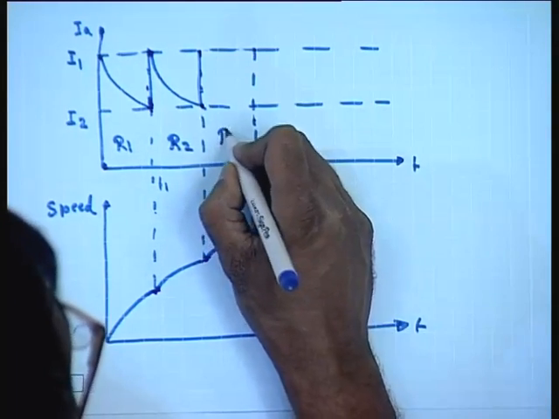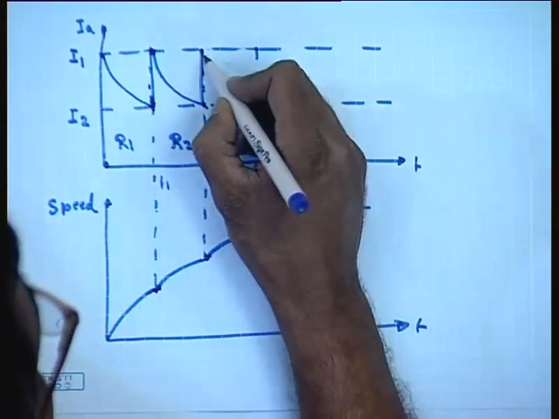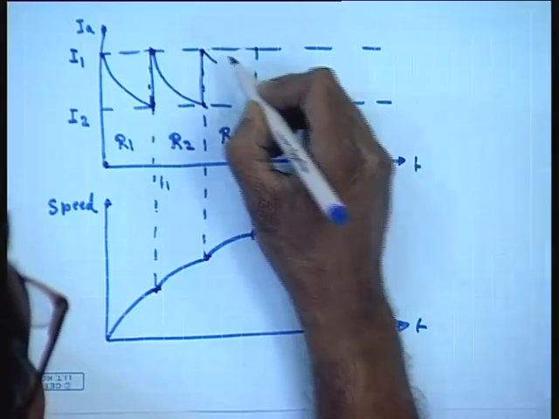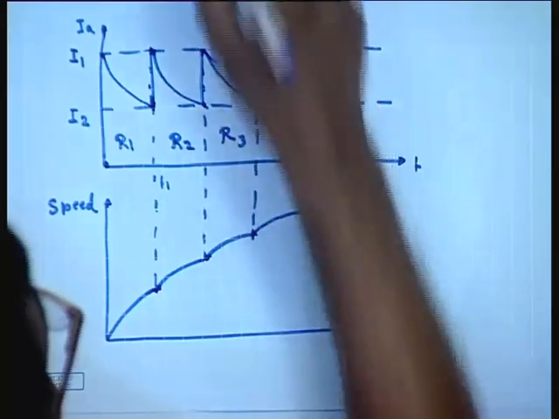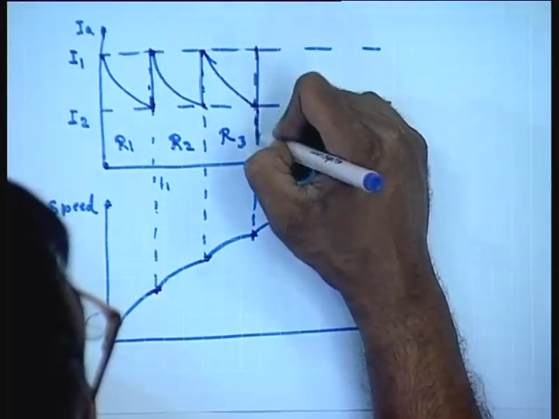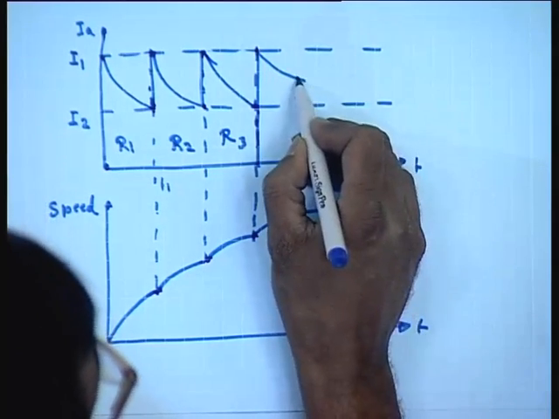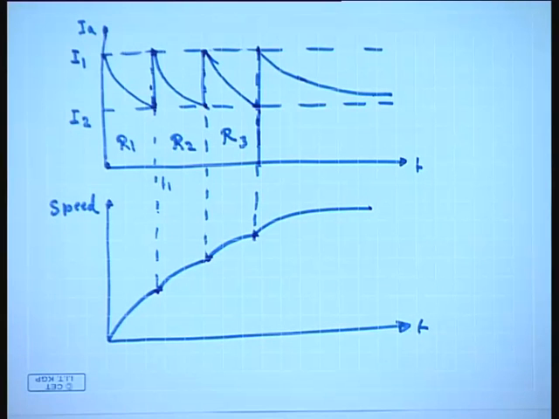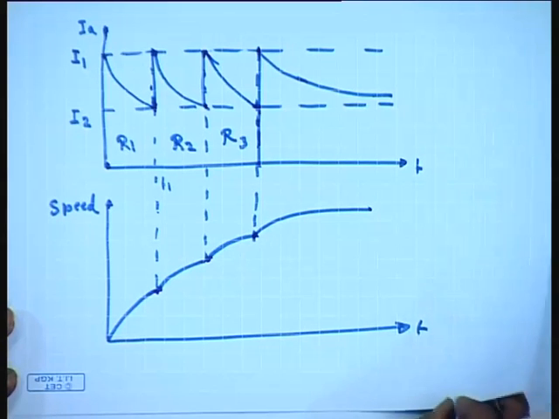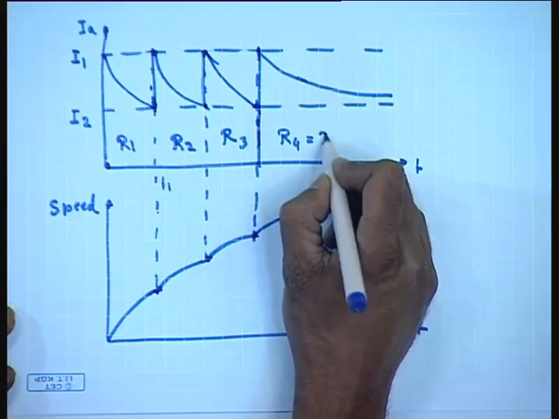So, here it is R3. Finally, here the last contactor C3 is closed. Initially the current jumps and then settles to its final value. This is how the armature current and the speed variation looks like in a sectional starter. This is R4 equal to Ra.